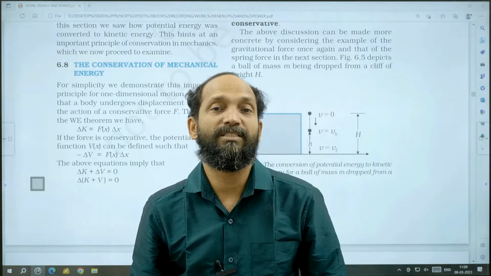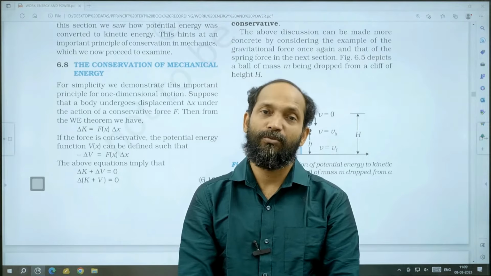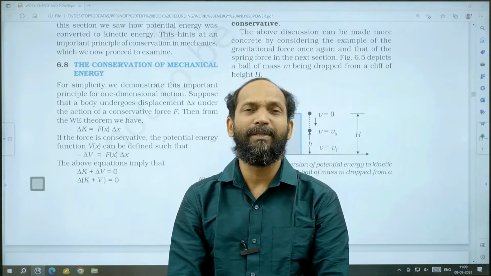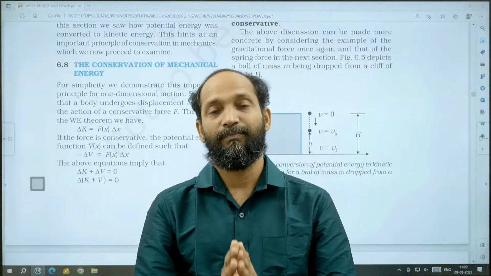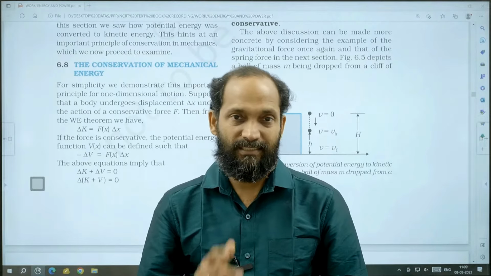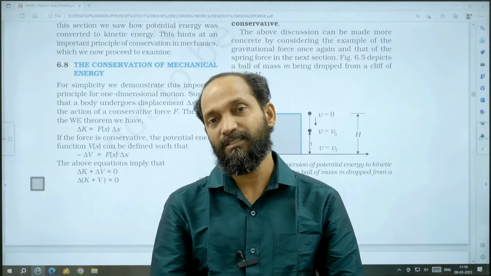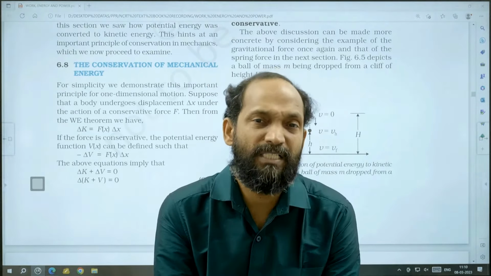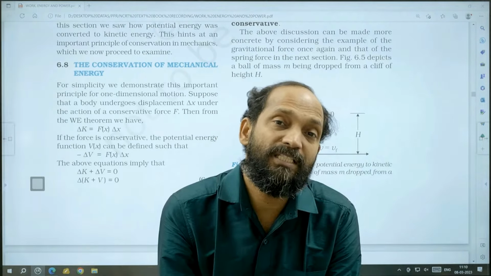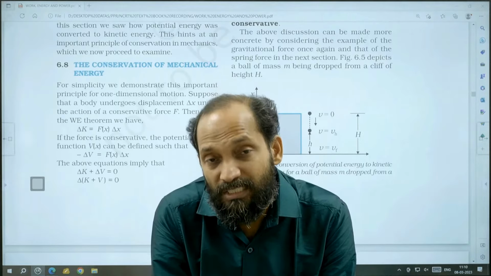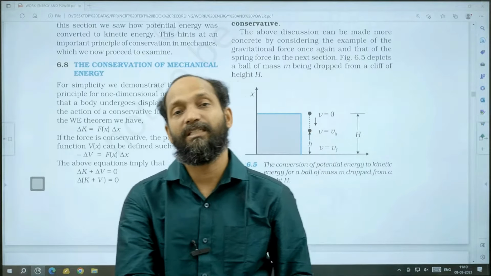So the potential energy of the ball at the ground is zero, but it has been completely converted into kinetic energy. On the way, potential energy and kinetic energy are both non-zero, so total energy is partially kinetic and partially potential. There also, the sum of kinetic energy and potential energy is a constant, equal to the potential energy at the beginning and the kinetic energy at the bottom.